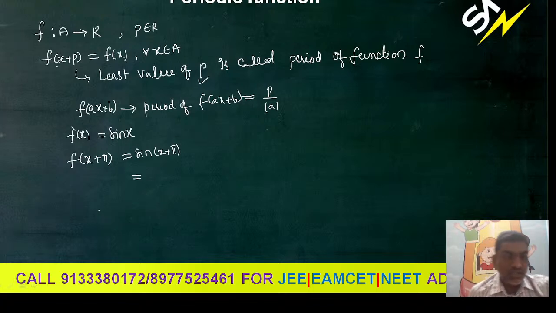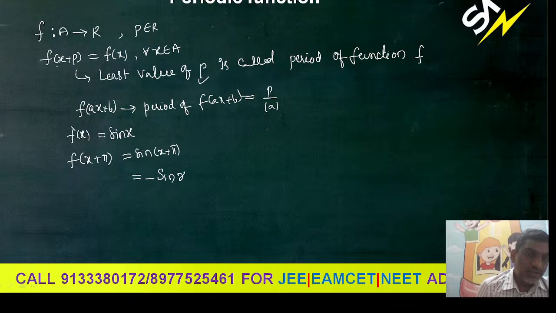In which quadrant is it? 180 plus x is in the third quadrant. In the third quadrant sine is negative, so we get minus sin x. So here pi is not a period.